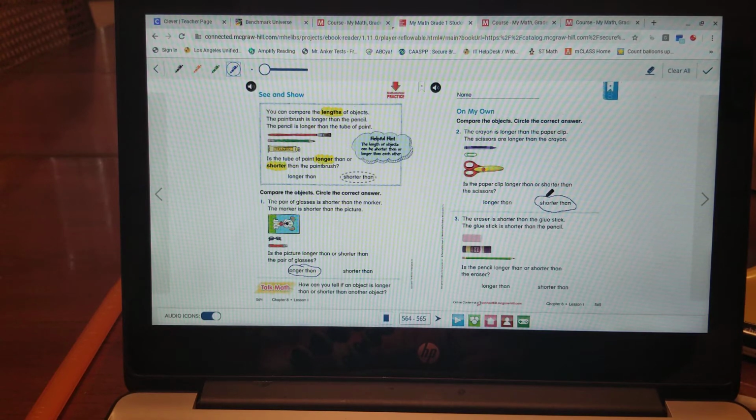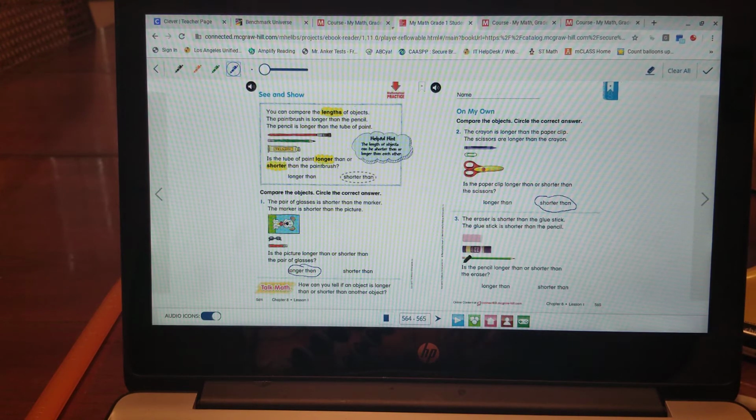Okay, the eraser is shorter than the glue stick. Eraser, glue stick. Yeah, the eraser is shorter. The glue stick is shorter than the pencil. Okay, glue stick, pencil, yeah. And I can also say the eraser is the shortest of all three.